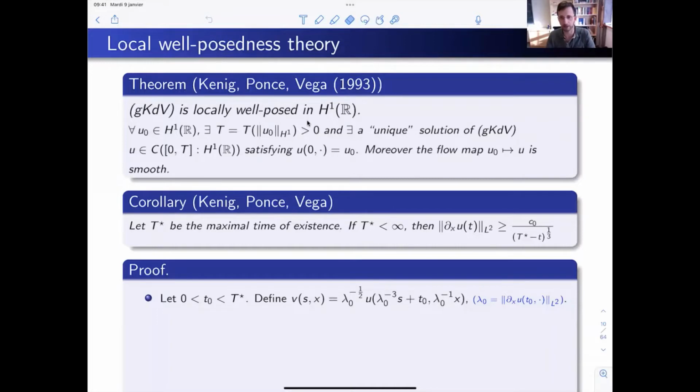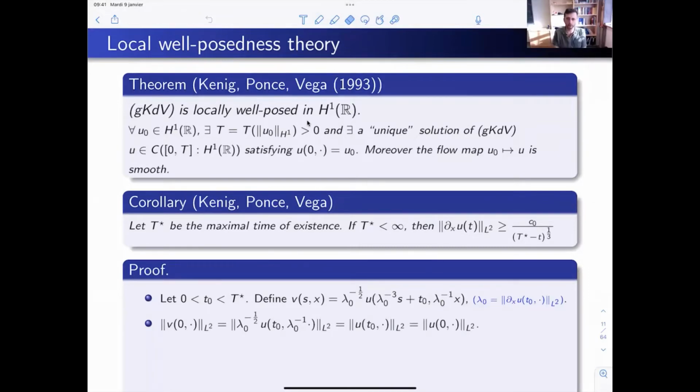So here, what we did is that we rescale exactly the solution by some lambda naught, and we also use the invariance by translation in time. The lambda naught, we will fix it. You will see why: we will take lambda naught equal to the L2 norm of dx of u at t naught. I think it will be clear in the next line or two.